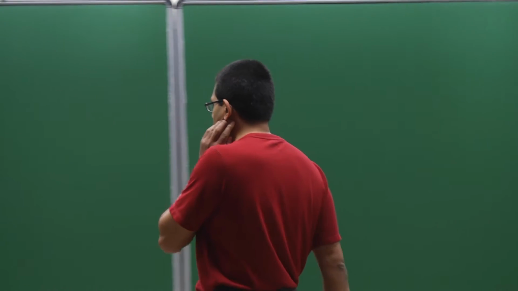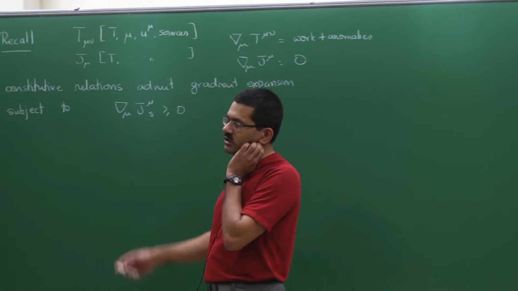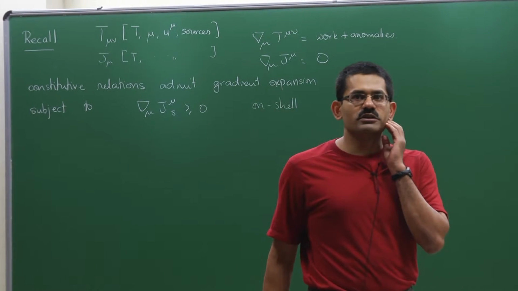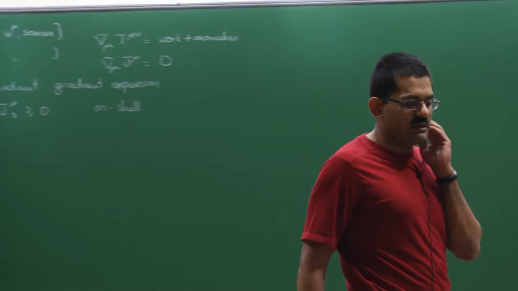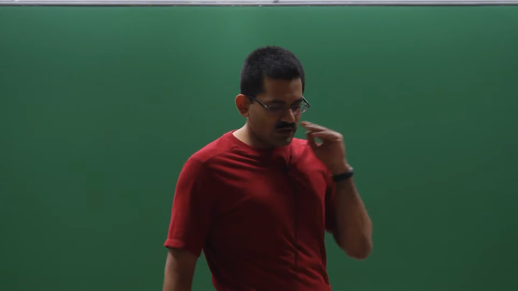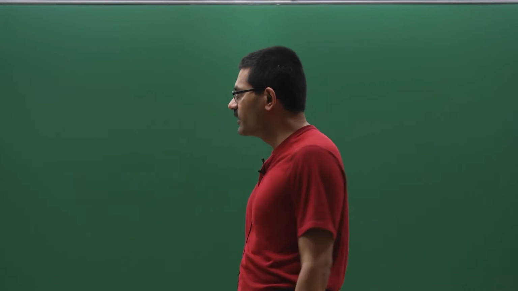And the way I formulated it, and the way it's usually done, is to require this to be true on shell. So when I gave you the exercise, I told you to use the lower order equation of motion and then figure out what the constraints are.